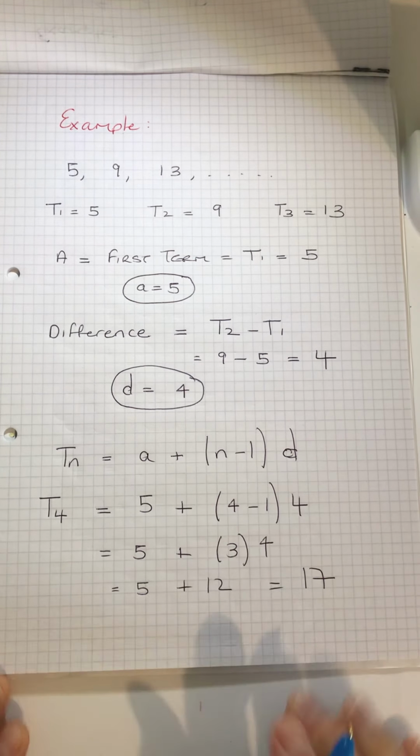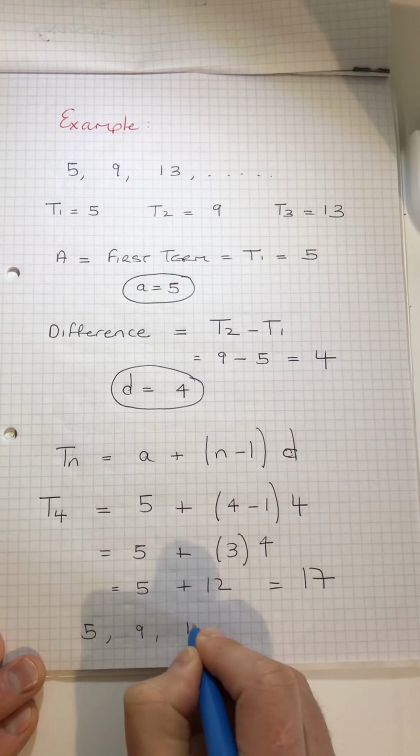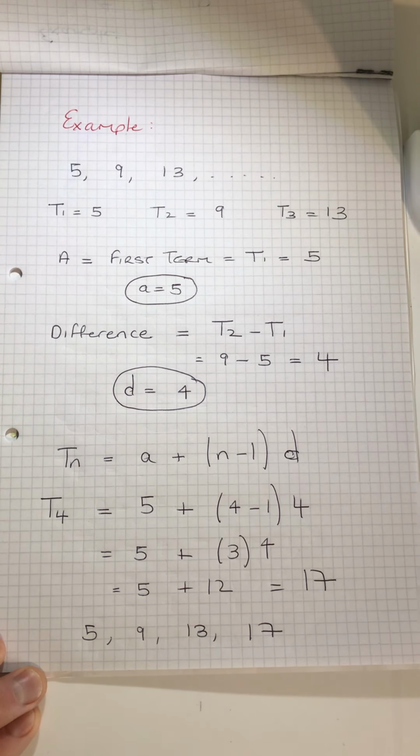Okay, so our series would be 5 plus 4 is 9, plus 4 is 13, plus 4 is 17.